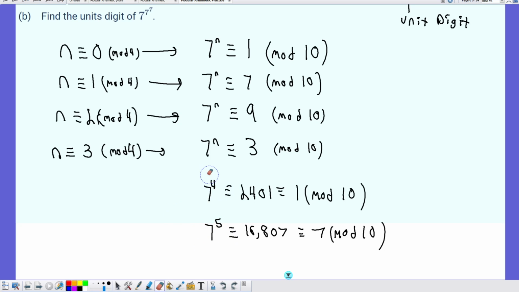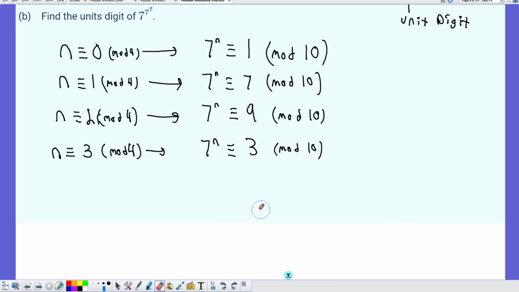So we can safely assume that every 4th term, it's going to just cycle back into the ones place. So, what can we do with this information? Well, again, when we're evaluating 7 to the 7 to the 7th power, we want to take that top piece first.